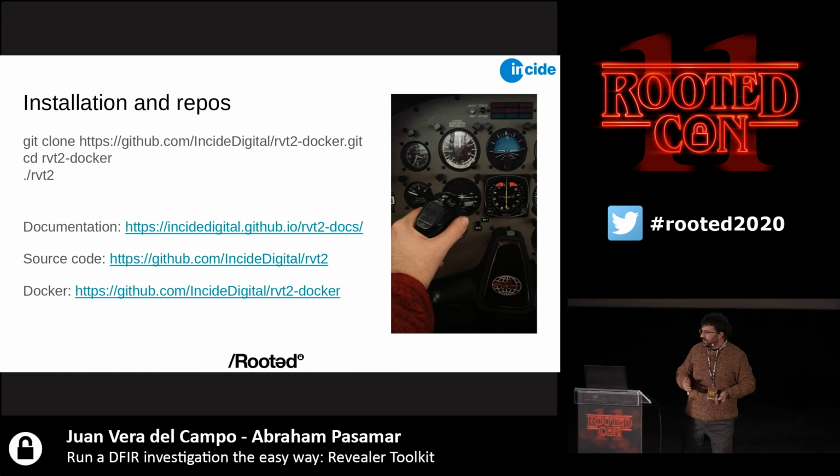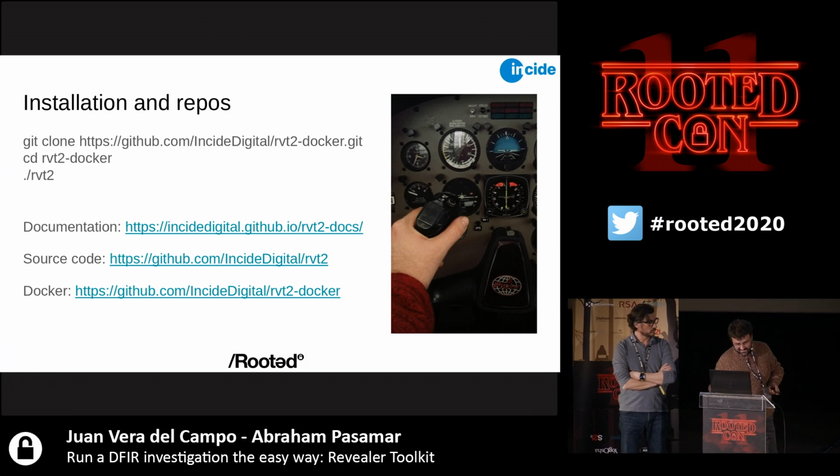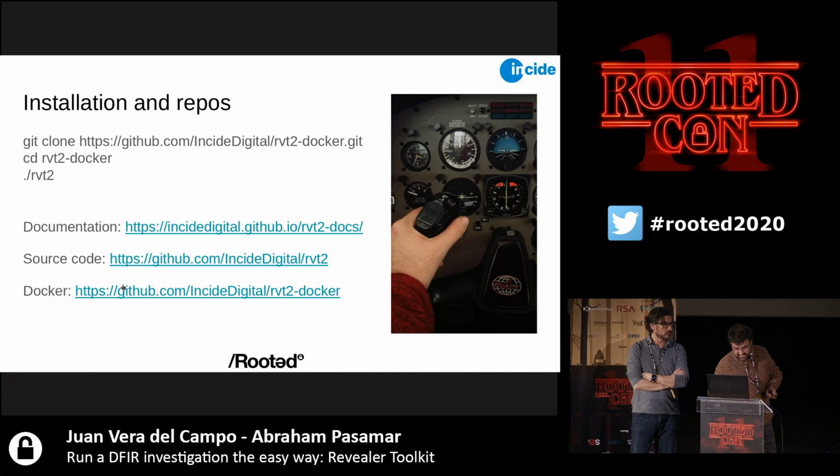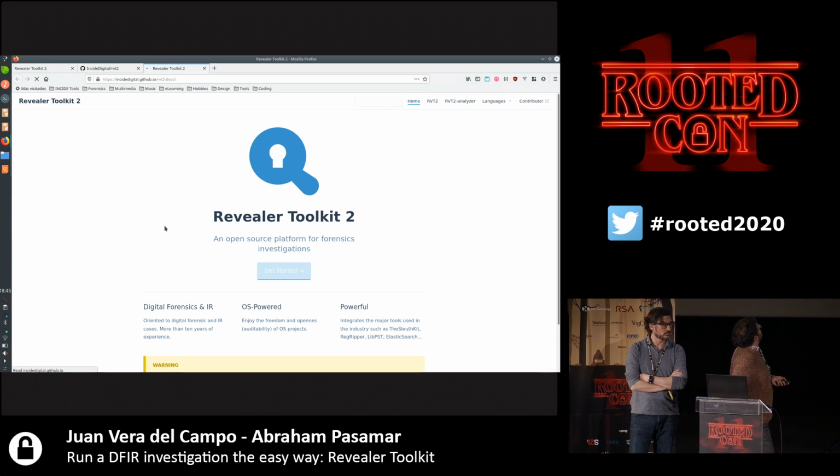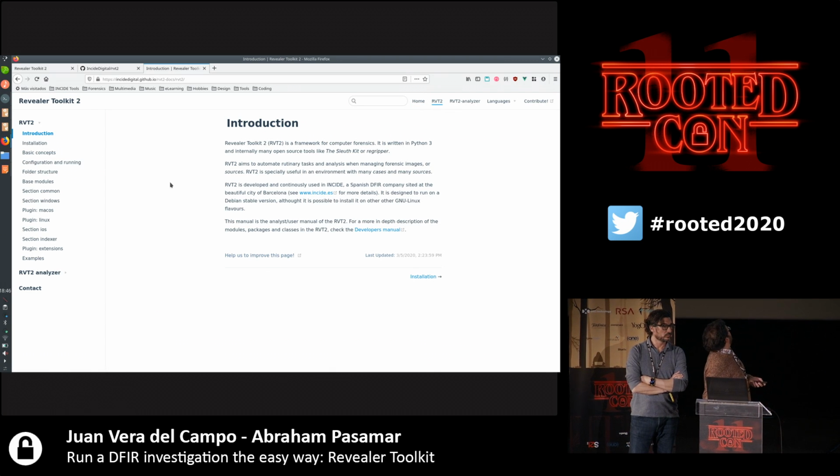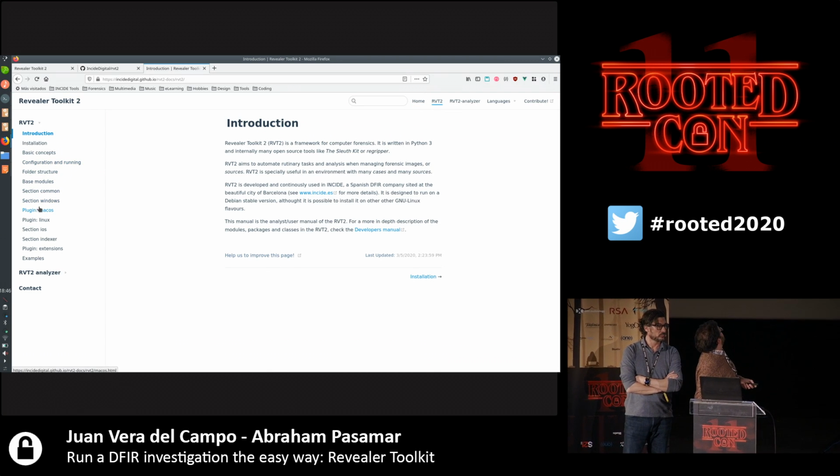This example investigation has not been published yet. I just didn't have time to do it. I will do it either this evening or tomorrow. So this is the system documentation, also available on the internet, on how to install it.